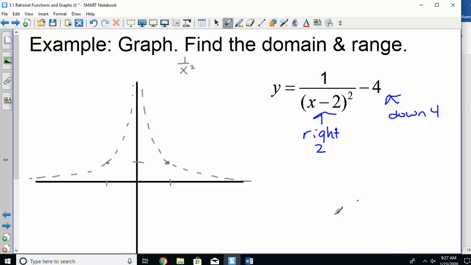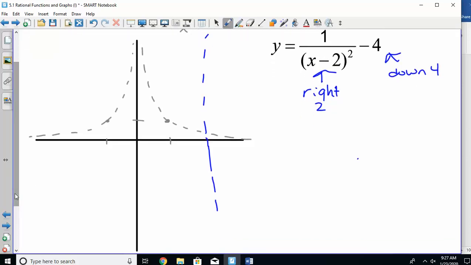So we had a vertical asymptote at 2. When we go right 2, it's now right there, which is what was said. When I moved down 4, I had an asymptote at 0. It will now be at negative 4.